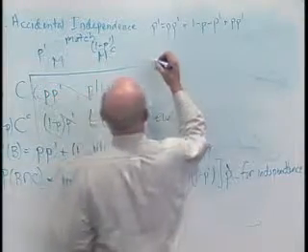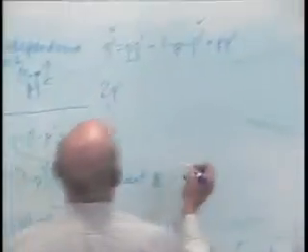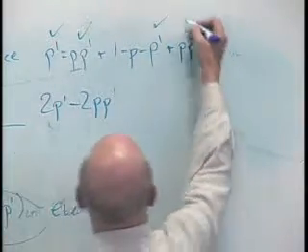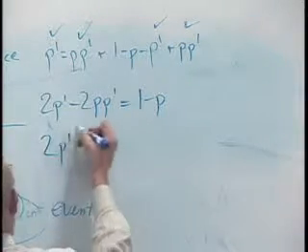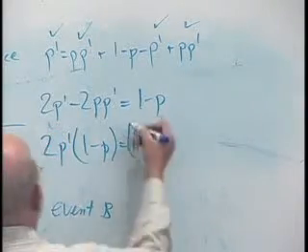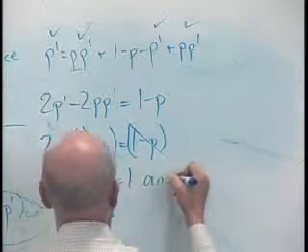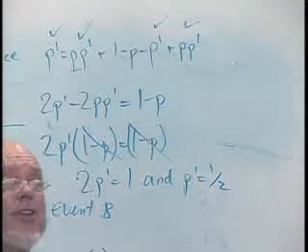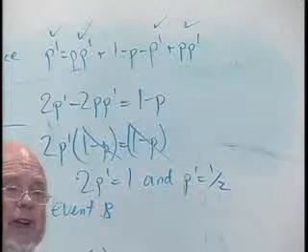I get 2P prime, that takes care of both those terms, minus 2P prime P, that takes care of both those terms, equals 1 minus P, or 2P prime times 1 minus P equals 1 minus P. 2P prime equals 1, and P prime equals 1/2. So these two events are independent if and only if P prime is equal to 1/2.